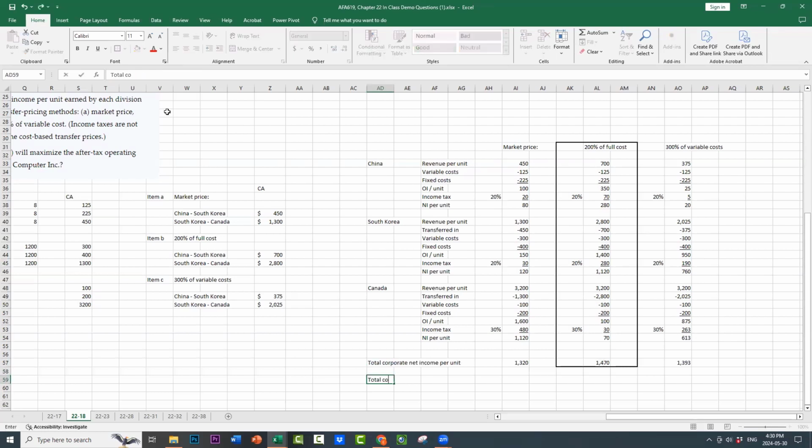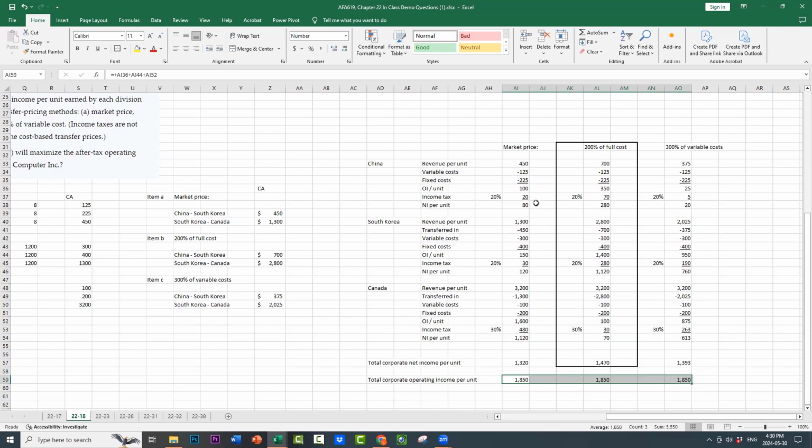So I'm going to do total corporate operating income per unit. Operating income is before taxes: 100, 150, 1,600. I'm going to copy this over here, put it over here, put it over there. Do you see that? The total corporate operating income per unit before taxes, they're all identical.